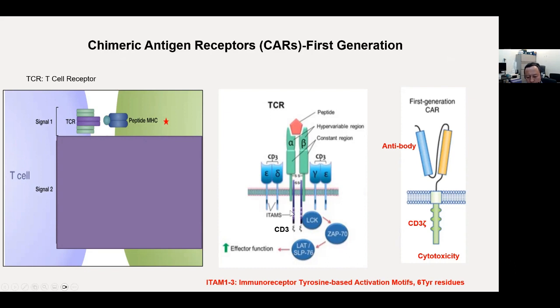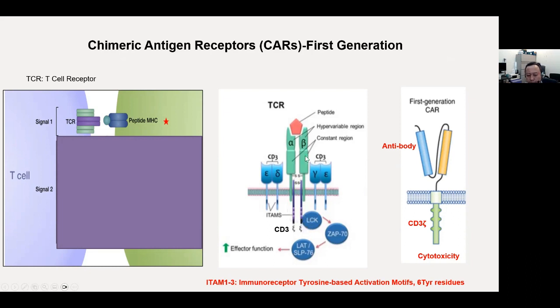It has 6 tyrosines. When activated, it needs to be phosphorylated by a kinase called LCK. So when bound, you somehow have to trigger the LCK to come here to do the phosphorylation, and then it's activated.